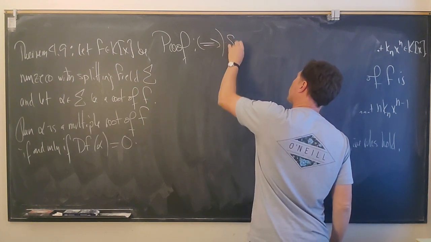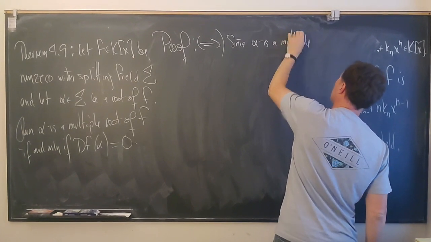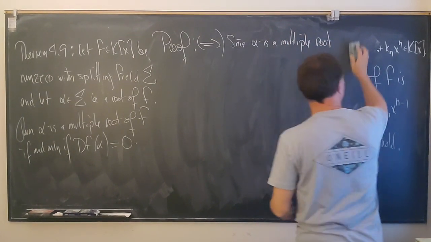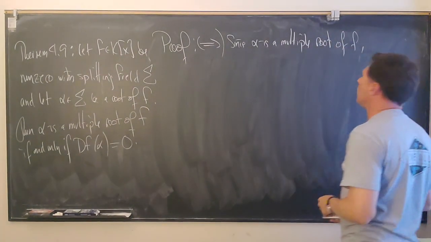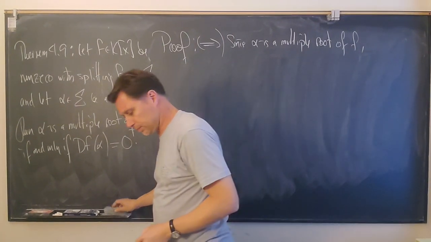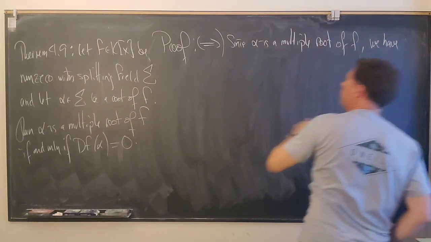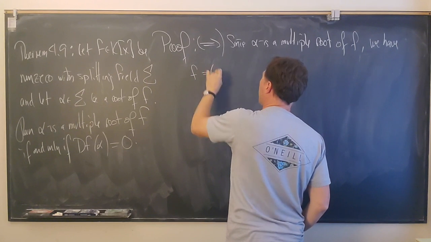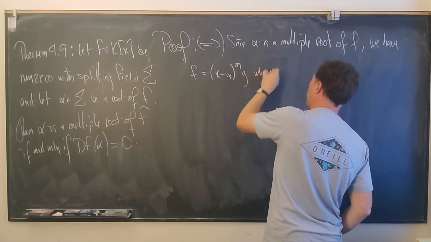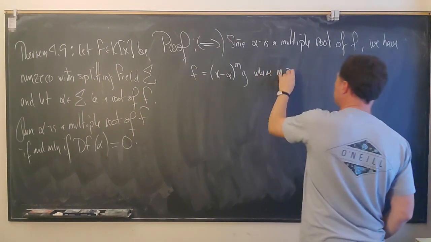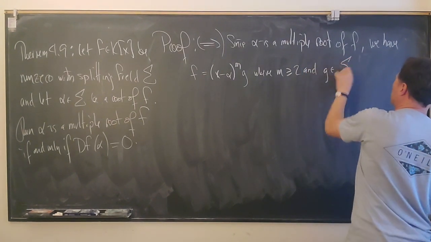So since alpha is a multiple root of f, we can express f as (x minus alpha) raised to the m times g, where m is greater than or equal to 2, and g is just somebody in sigma[x].